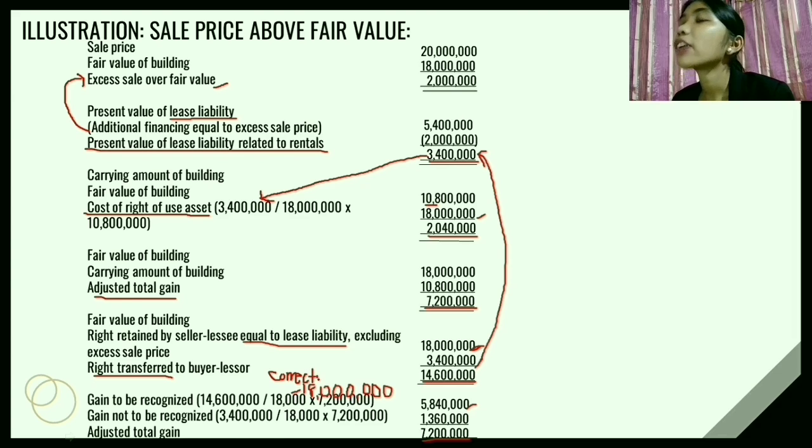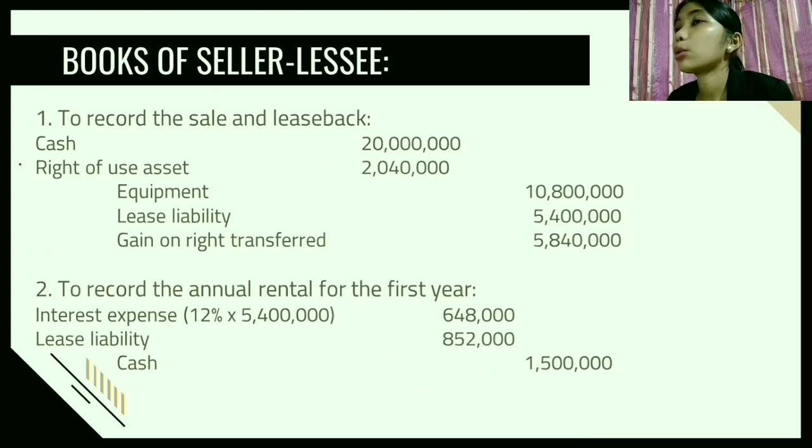Now, ano nga ba yung journal entries natin? Unang journal entry, to record the sale and leaseback, ide-debit po muna natin yung cash, tapos yung ating right of use asset, then credit the equipment, lease liability, and gain on right transfer. So, yung ating cash is 20 million pesos, at yung ating right of use asset is 2,040,000.